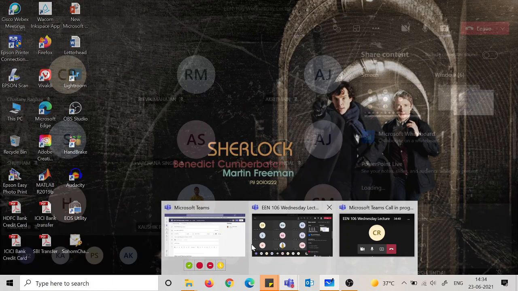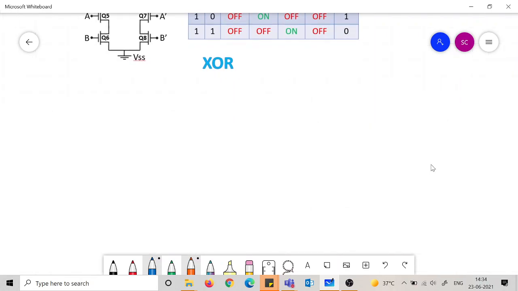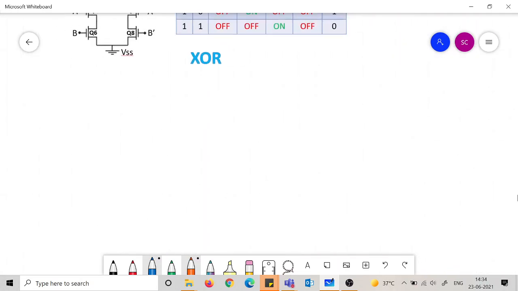Okay, end term examination. So let me write down the marks division here.